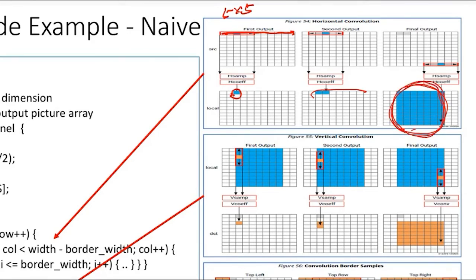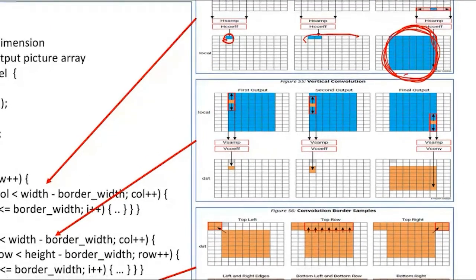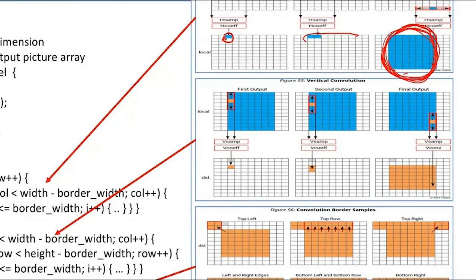Then you use this horizontal convolution result to work on the vertical convolution. So you have to have a local buffer to save the horizontal convolution result, and then you do the vertical convolution. You do it this way, and finally you get the vertical convolution result.